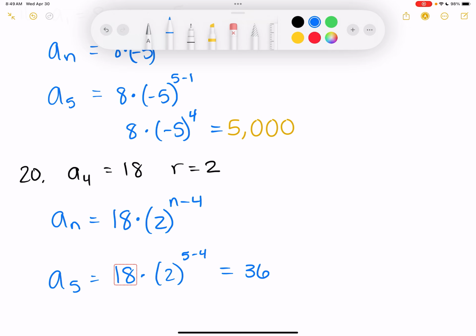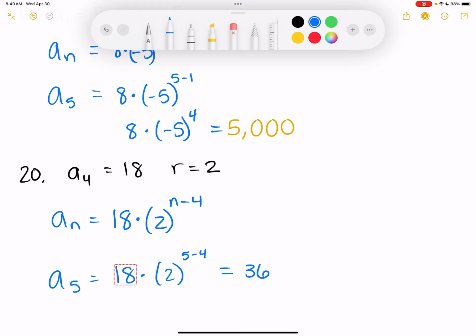Yeah, this is the term we're finding. Now, what if they asked me to find the first term? Well, you just replace the multiplication sign with the division sign.